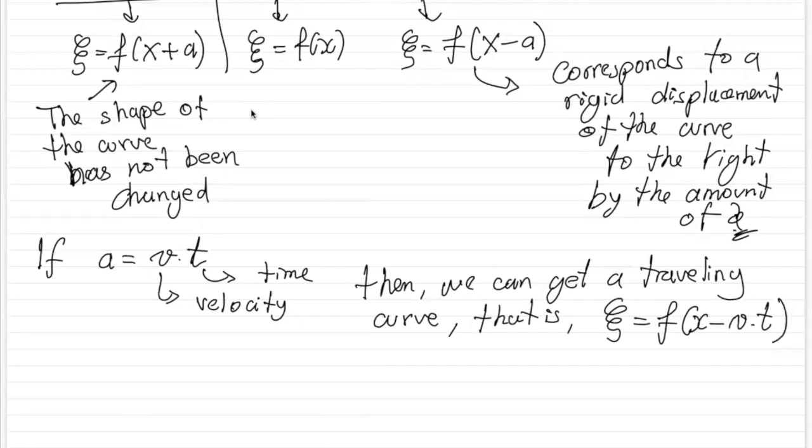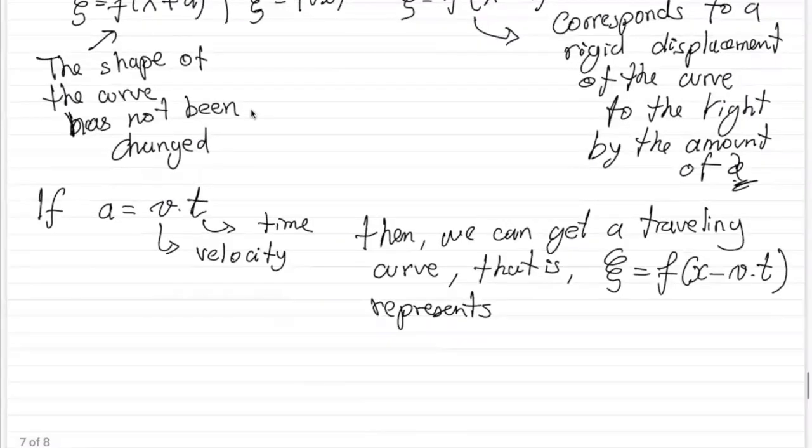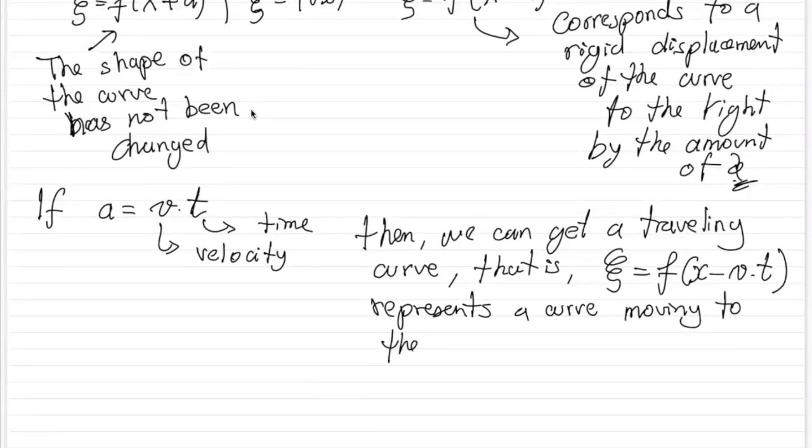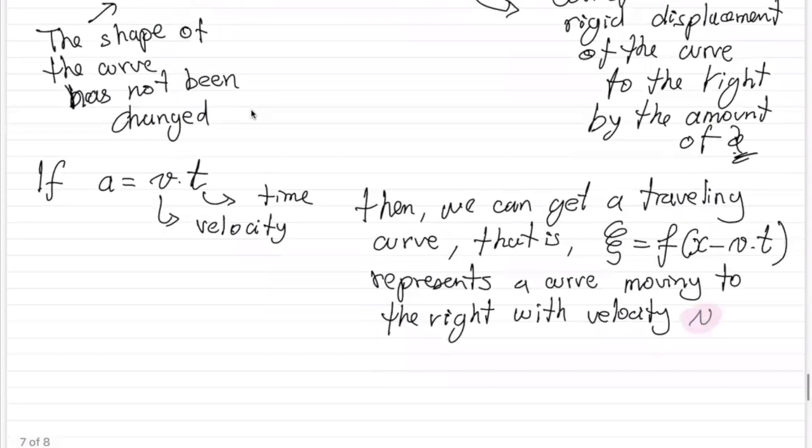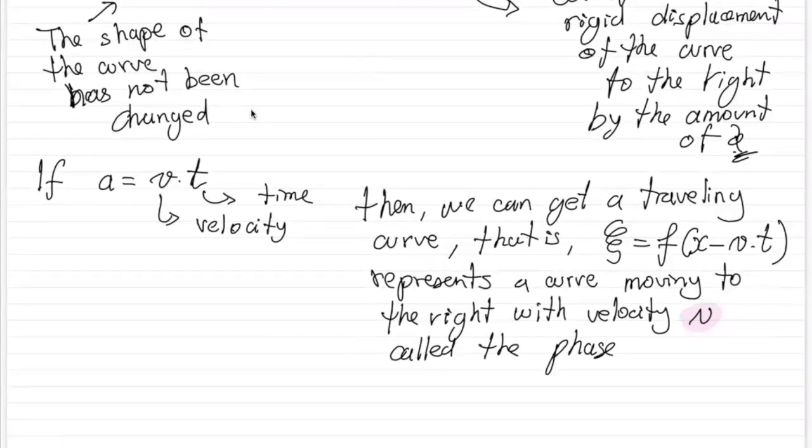It represents a curve moving to the right with velocity b, called the phase velocity.